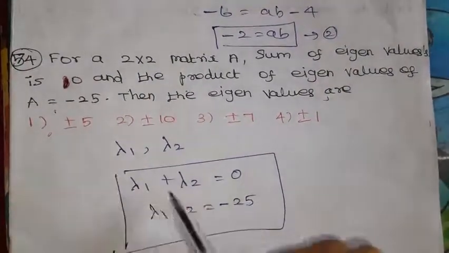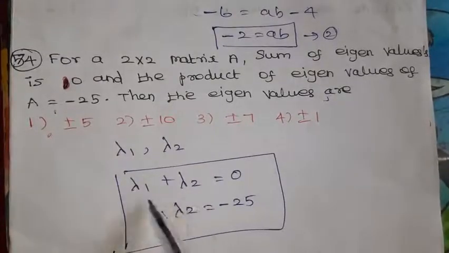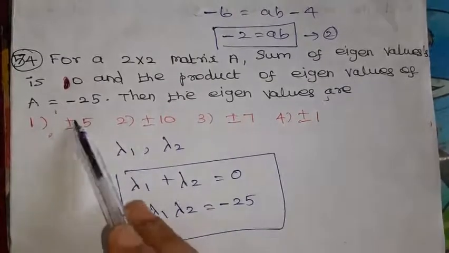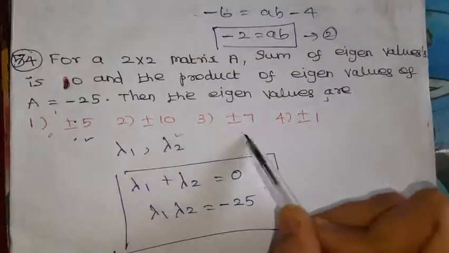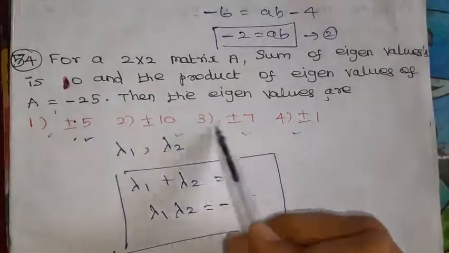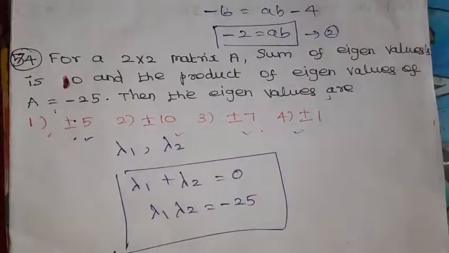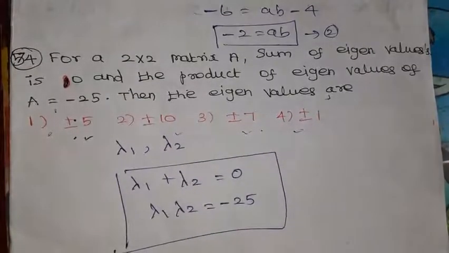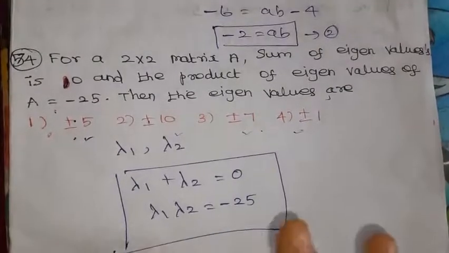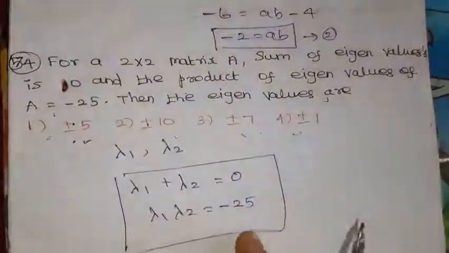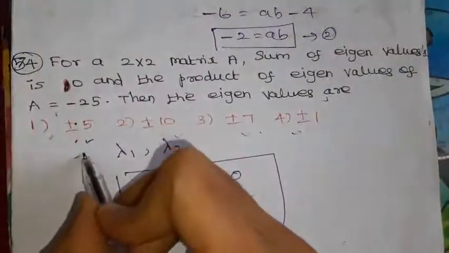So first we will check the sum of the eigenvalues. Plus 5 minus 5, we are getting 0 only. For every option we are getting plus or minus the same value, so when we add them together, we will get 0 only. Then what is the next step? We need to check the product of eigenvalues. So the product means 5 into minus 5 is minus 25.